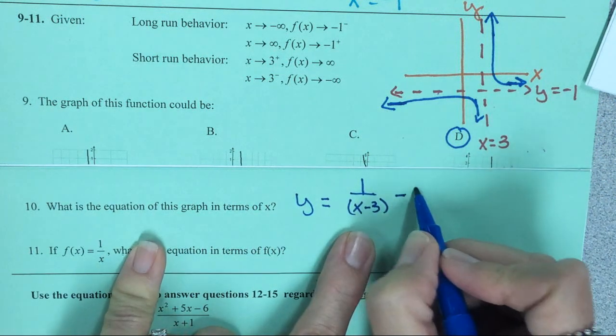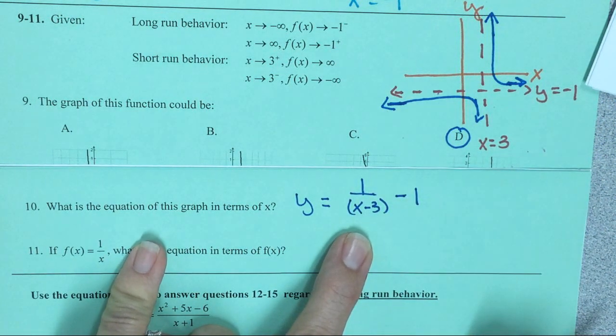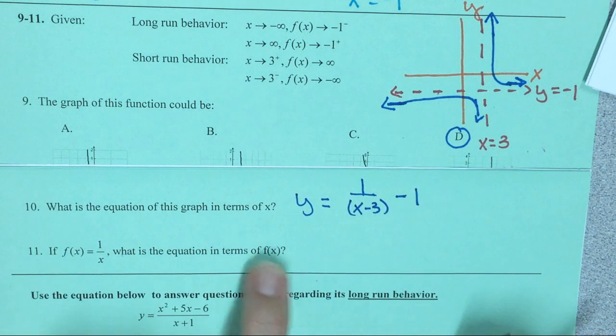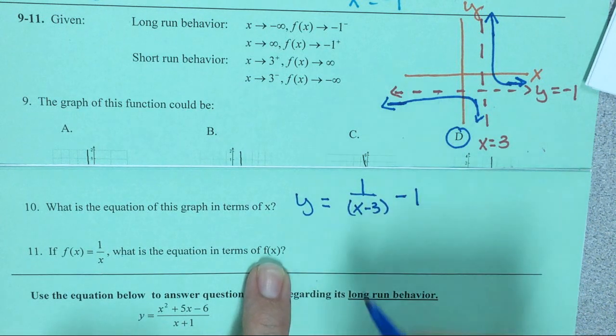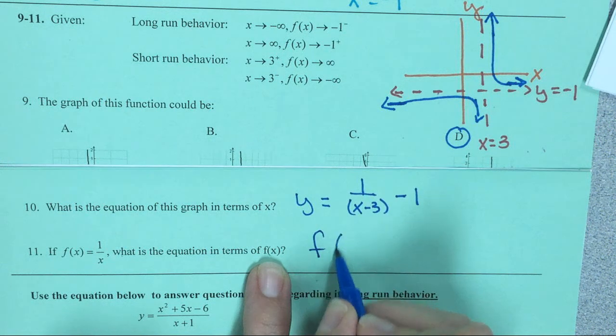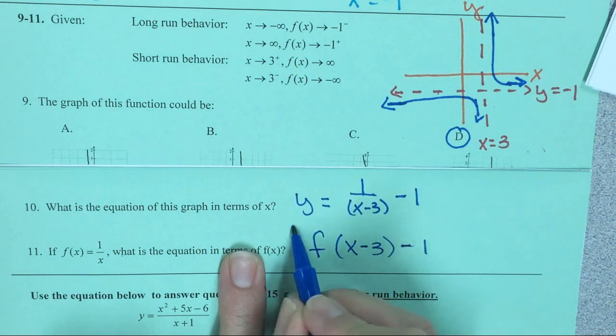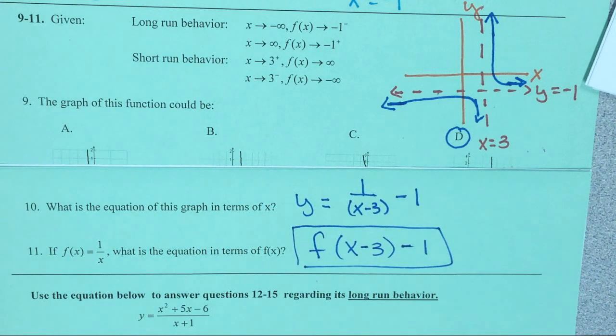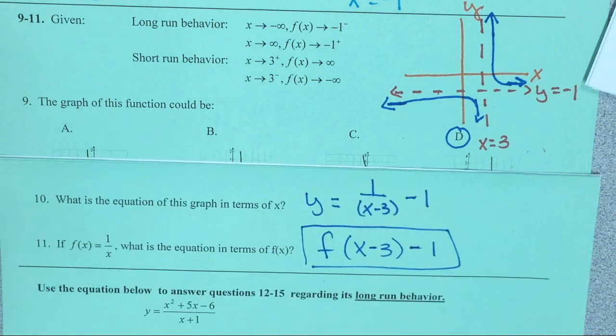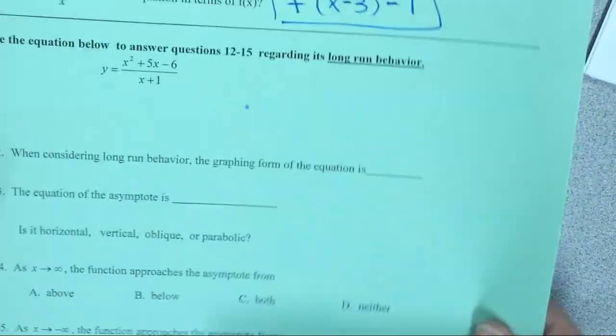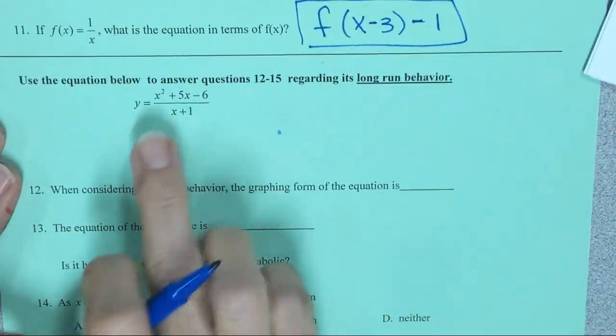And if I went down 1, I'm going to have a minus 1. Then they want me to write that equation in terms of f of x. We've done this several times now. So if it's in the parentheses, I write it in the parentheses. If it's not in the parentheses, then I don't. And you're done.